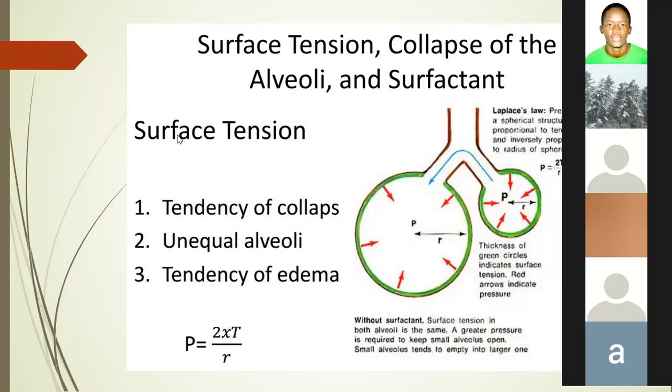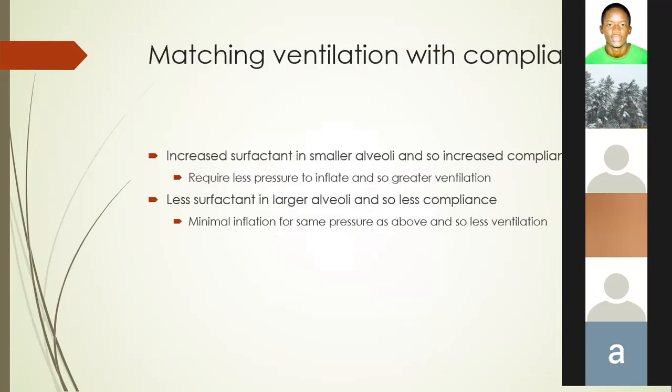The whole idea of surface tension is that when you put surfactant, it tends to prevent collapse of the small alveoli when you have unequal alveoli. They also talk about edema, but I'll skip the edema for now. That one I'll come to later if we have time.